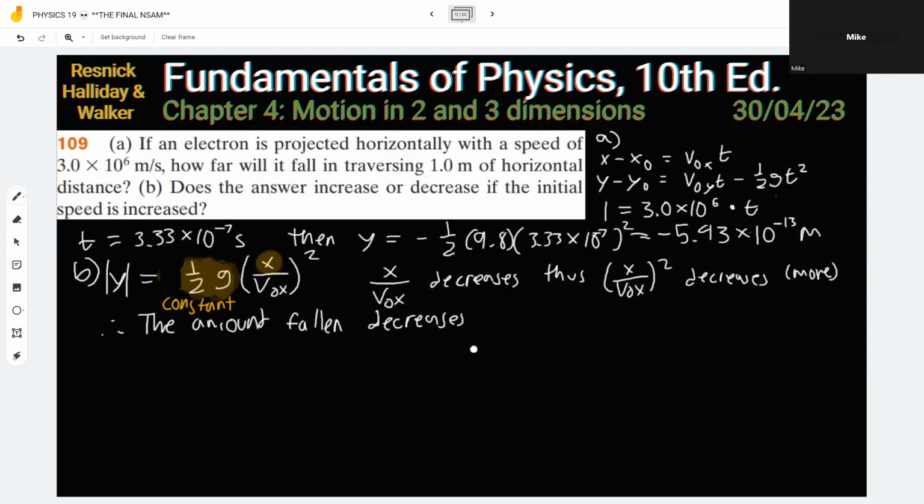And bullets will fall... Hindi, sorry, same distance, hindi same time pala. So, moving the same distance in x, the faster object will fall... What's a good word? Will fall less.